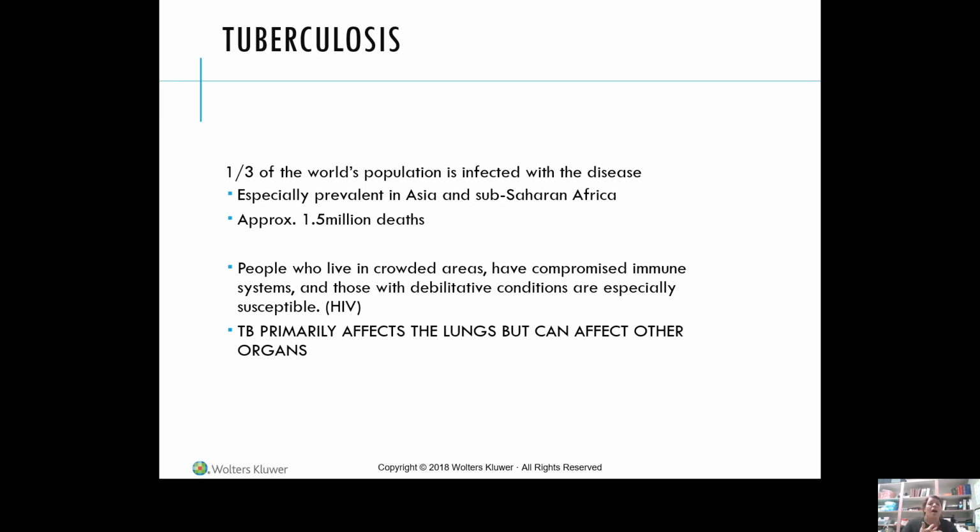TB is most common in people who live in crowded areas. It's especially noted in people who have compromised immune systems, like HIV. Whenever someone's immune system is compromised, things that we can often fight off become a bigger problem. If you think about the coronavirus, it's a virus, so just go with me for a minute.